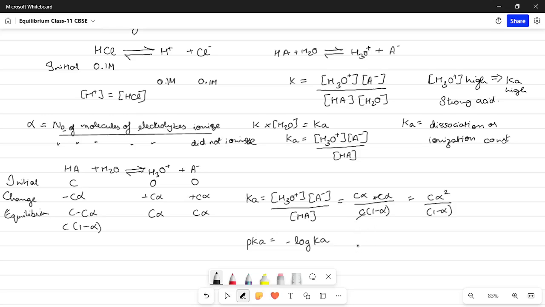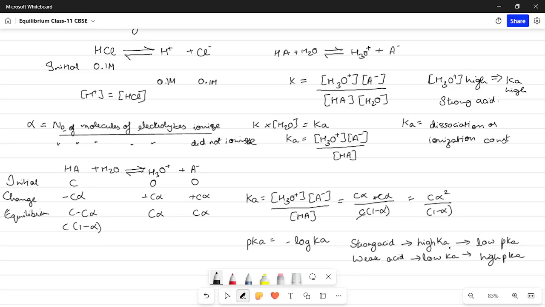So when you have a strong acid, the value of Ka will be high, and the value of pKa will be low. For a weak acid, on the other hand, you have a low value for Ka and a high value for pKa.